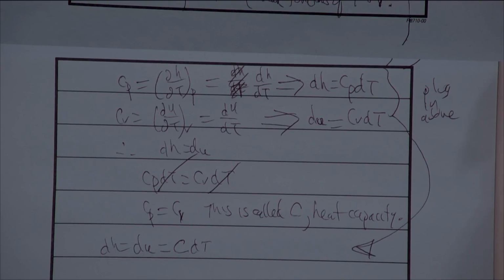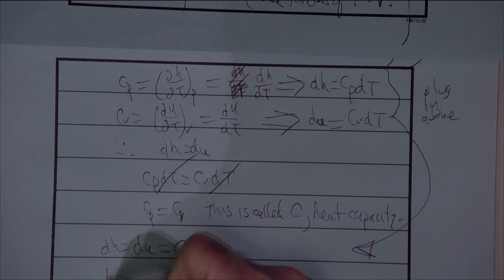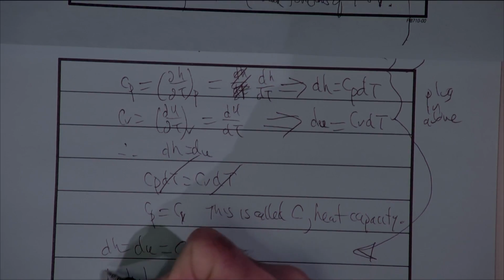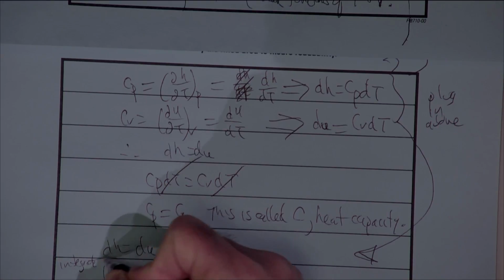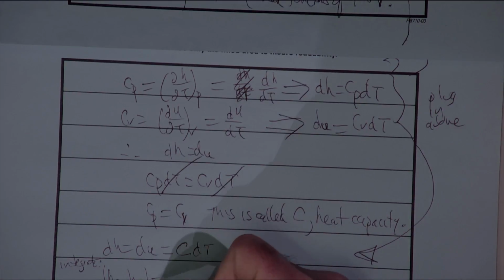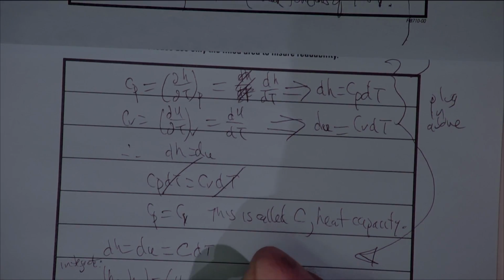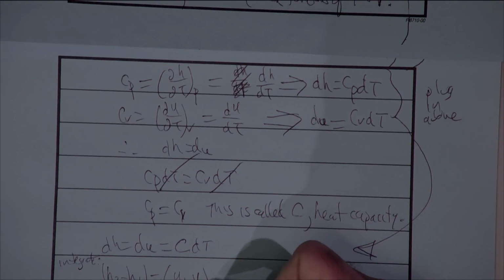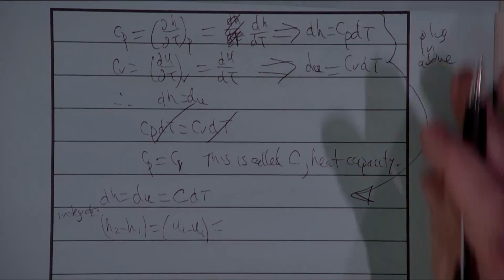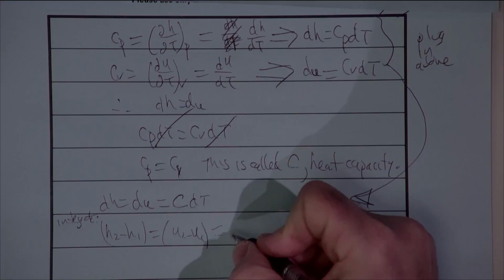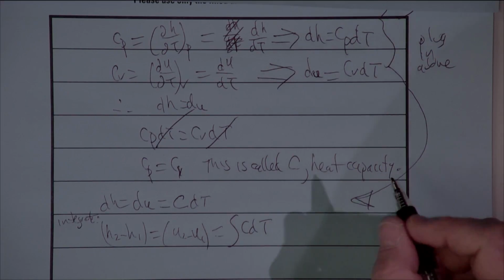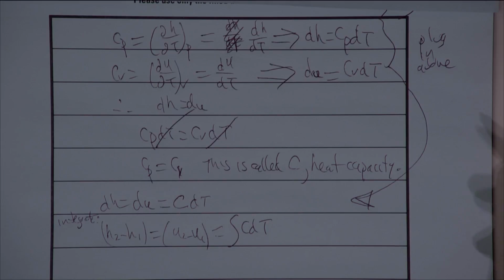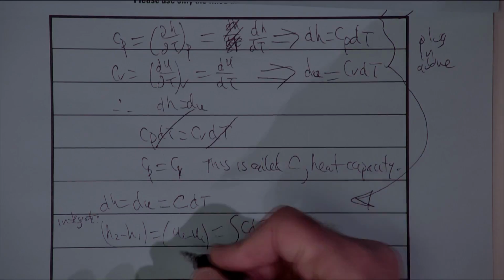They're both equal to C dT. And therefore, if we want to find an enthalpy change or an internal energy change, we just integrate. So the enthalpy change is equal to the internal energy change, which is then equal to the integral of C dT.